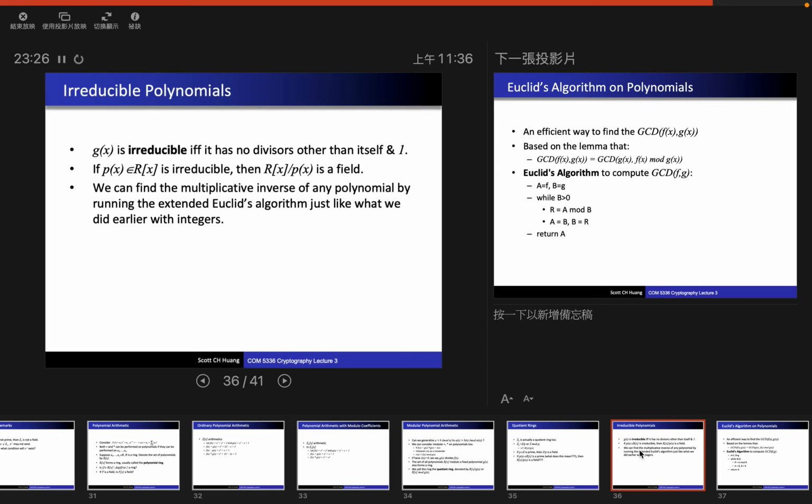X times x plus 1 is x squared plus x. And then x plus 1 times x is the same, right? X squared plus x. X plus 1 times x plus 1 is x squared plus 1. So they're not equal to this. Obviously, this is irreducible. Okay.